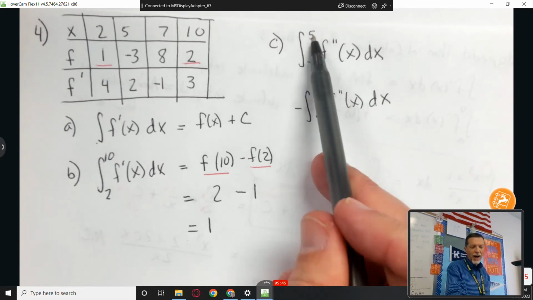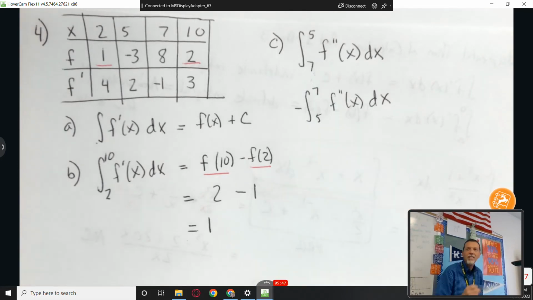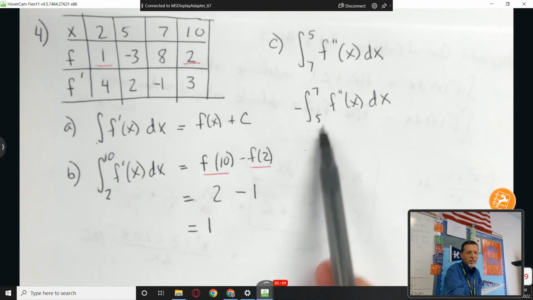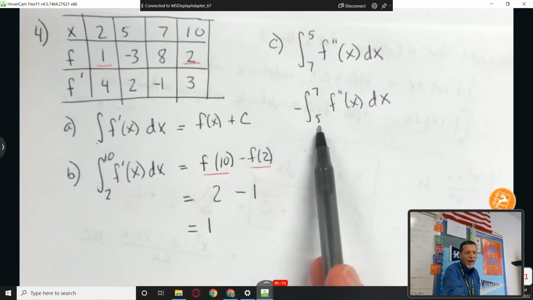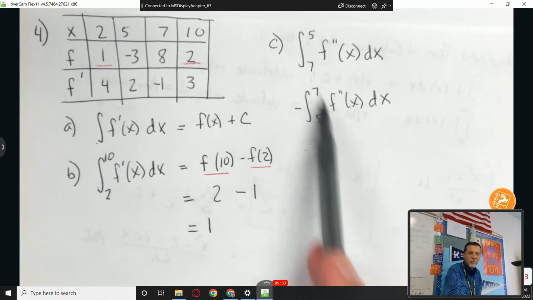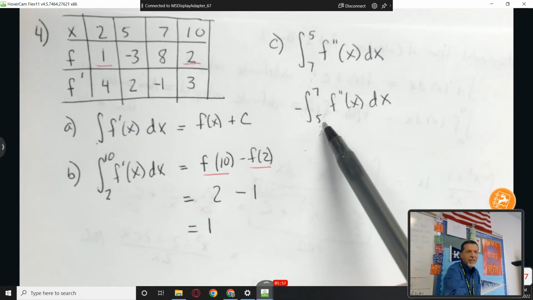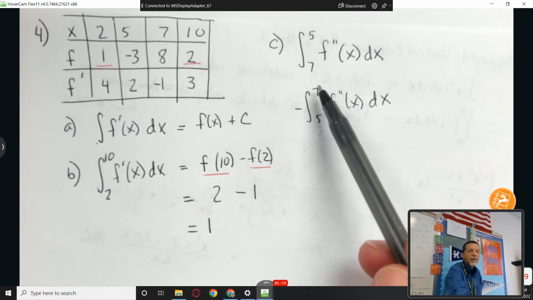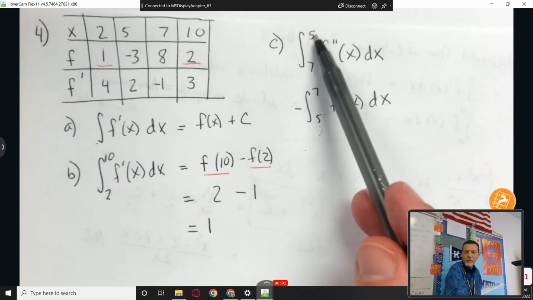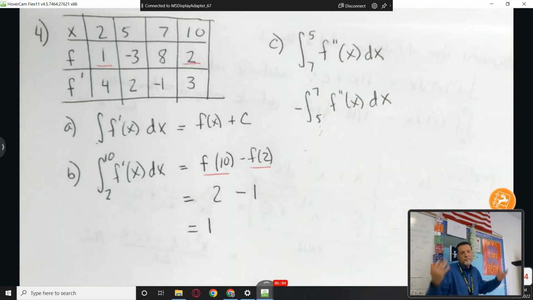It's going to be the 5 first minus the 7. If you switch it, it's going to be at 7 minus at 5, but there's a negative out front. So it's the same thing, and some people will switch it because they feel like it needs to go low to high. Other people are like, what do I care? I'll just plug in 5 minus plug in 7. Same thing either way.